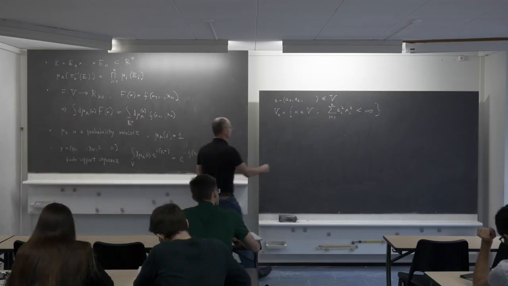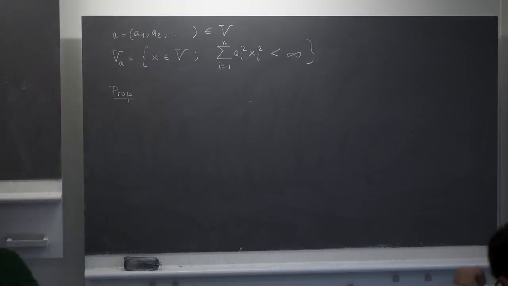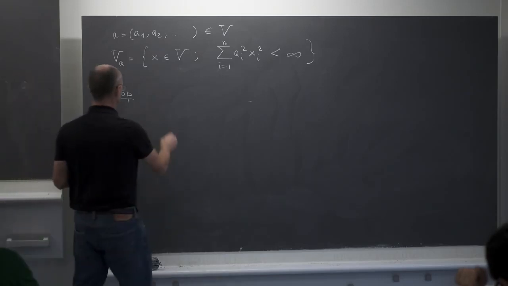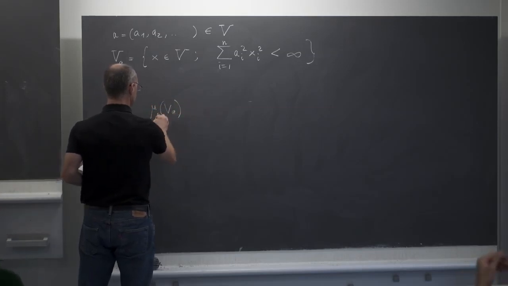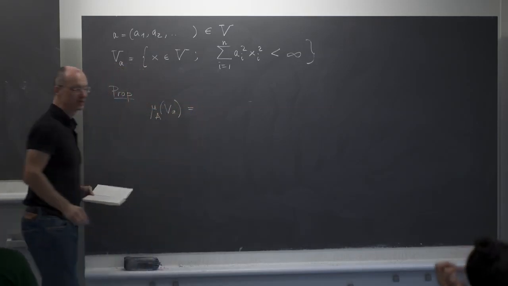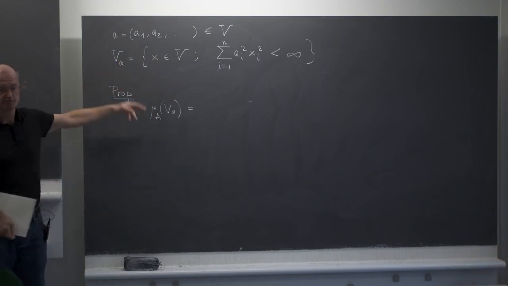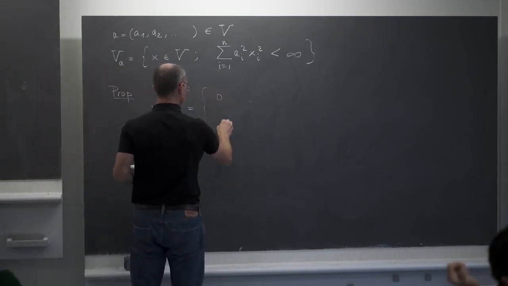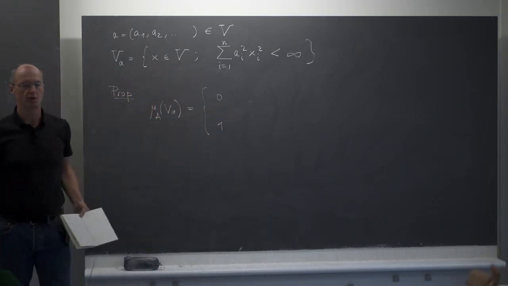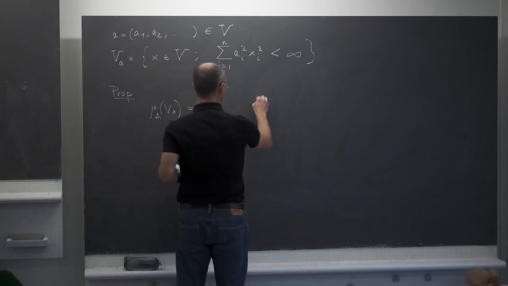So here is an interesting proposition. Let me try to write down the conditions correctly. So we can actually compute the measures of those subspaces. And it turns out that the result is either 0 or 1, depending on the properties of the sequence.